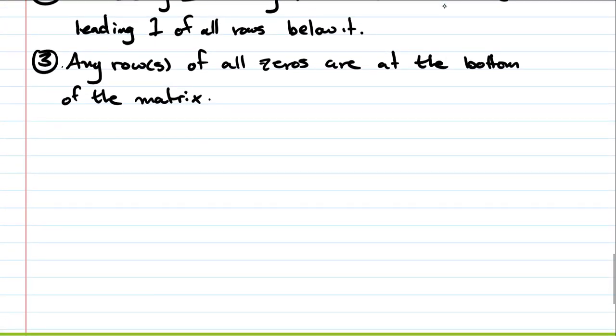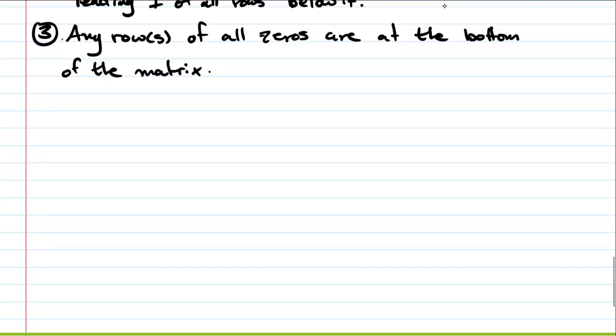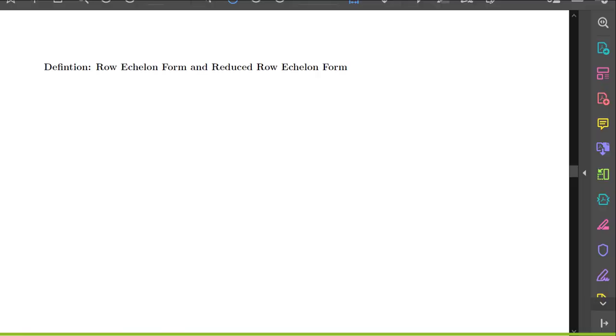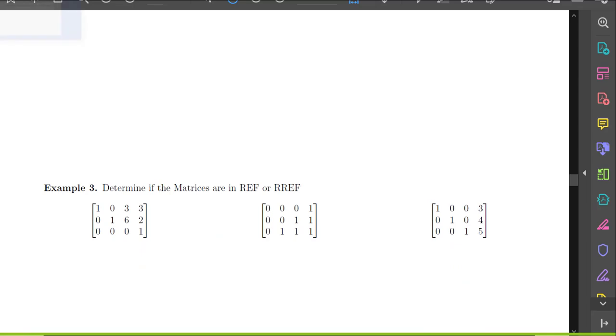So let's leave ourselves a little space. We're going to come back and add something here. And then we want to look at our example 3.